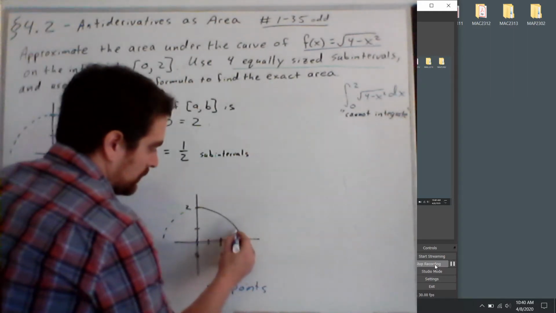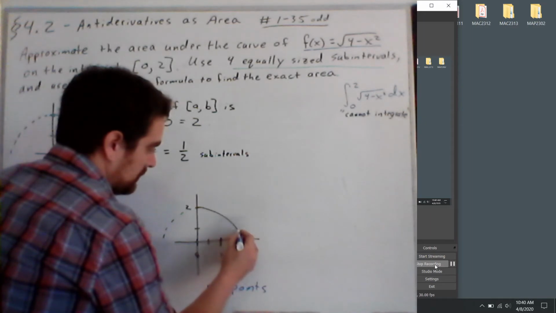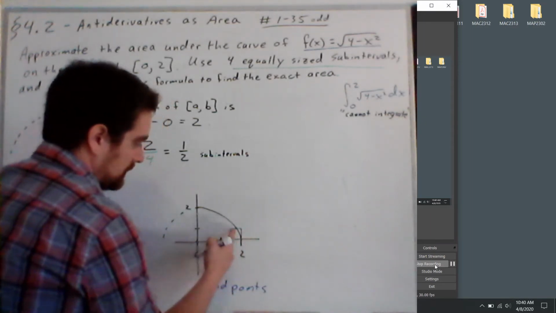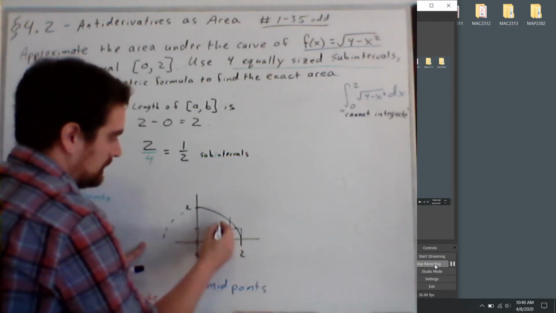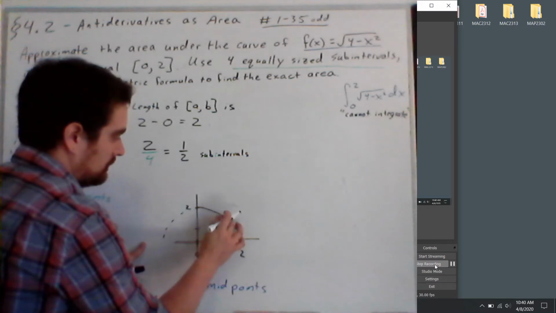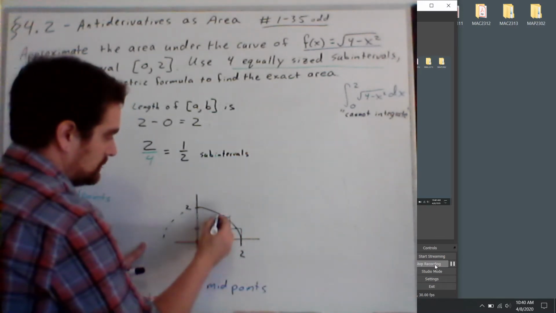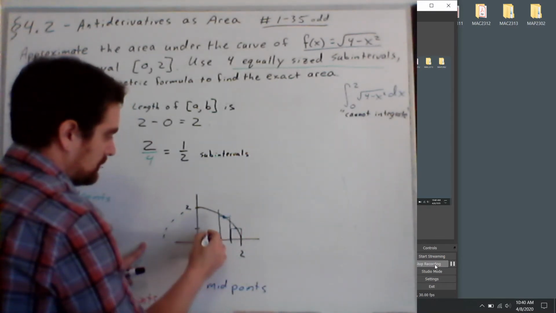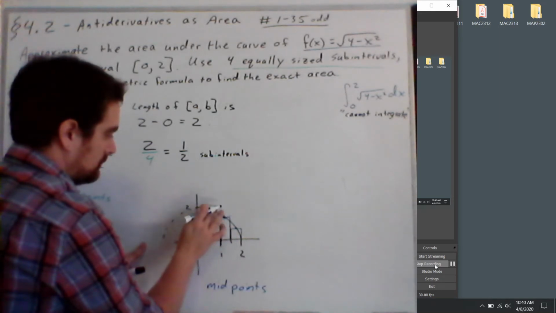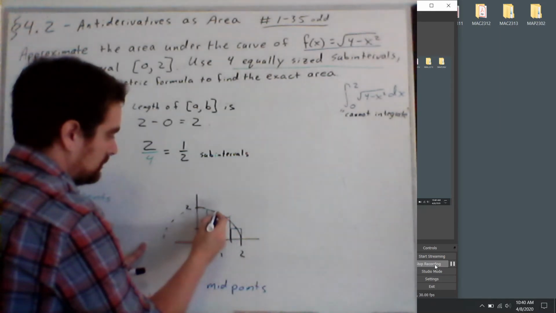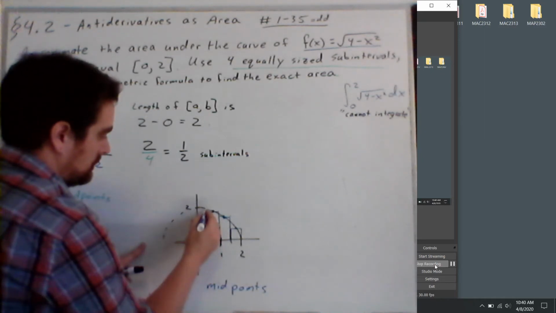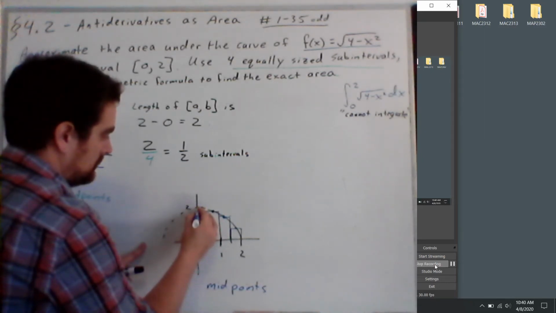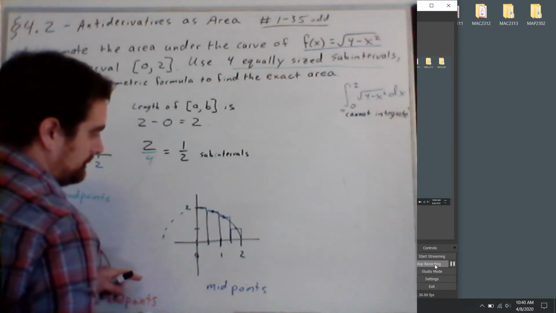Now we would look for a rectangle that hits the curve in the middle of the top of the rectangle. It comes up and it hits the curve in the middle. Comes up, hits the curve, a little too high there. There we go, in the middle. Comes up, hits the curve in the middle.